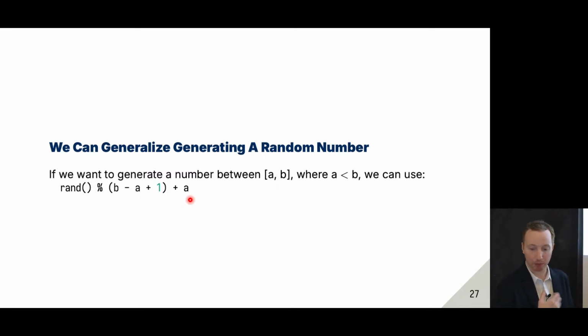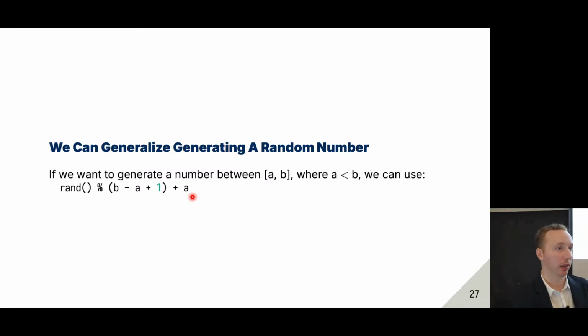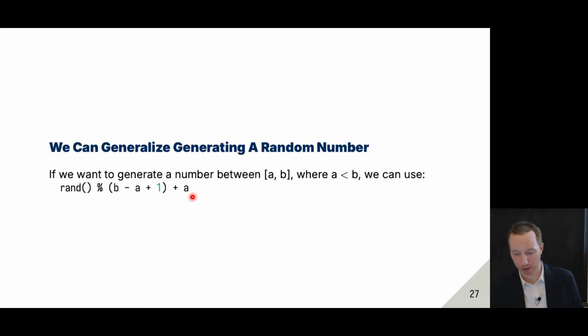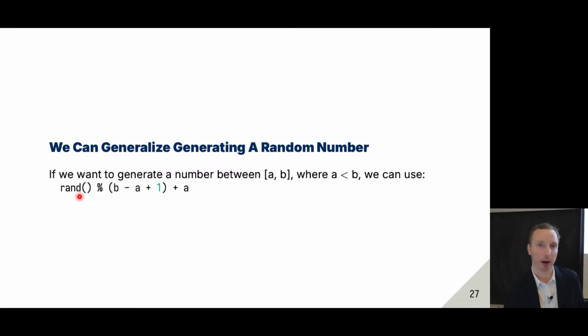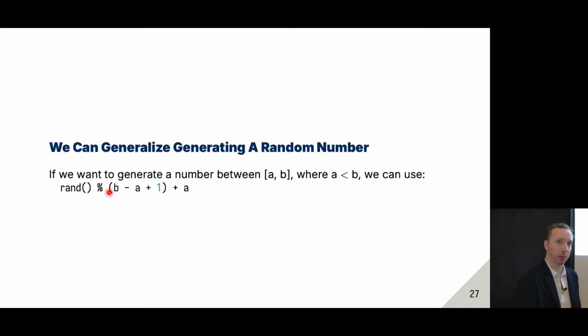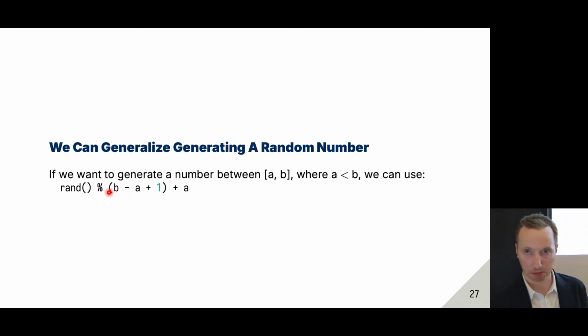So A would be 1, B would be 6, so what would the actual C result be? 6 minus 1 plus 1 plus 1, so at the end we would get rand and then mod 6 plus 1, and then that would give us a random number between 1 and 6.